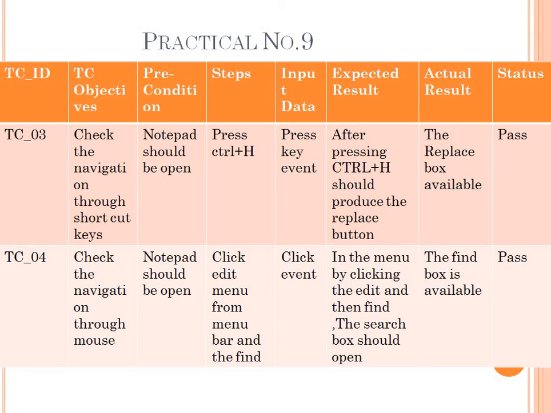The input data is a click event, and the expected result is that by clicking Edit and then Find, the search box should open. The actual result is that the find box is available, so the status is pass, otherwise it is fail.